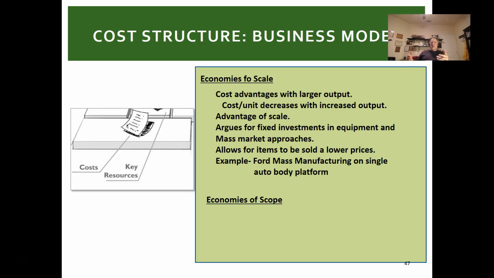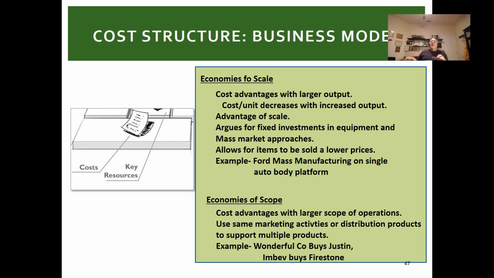So the Model T is the classic example. Scope is in terms of taking advantage of a large scope of operations, and you see that with multinationals, particularly companies like GE, and they take advantage of things like distribution.